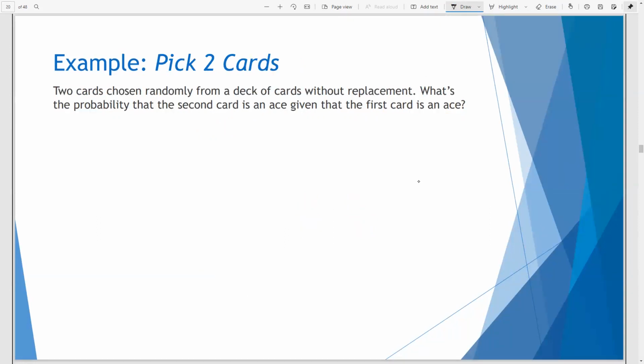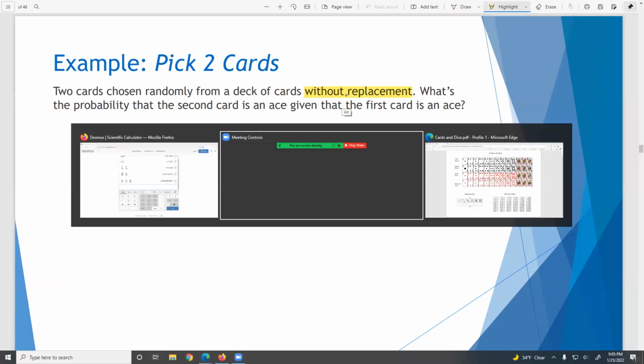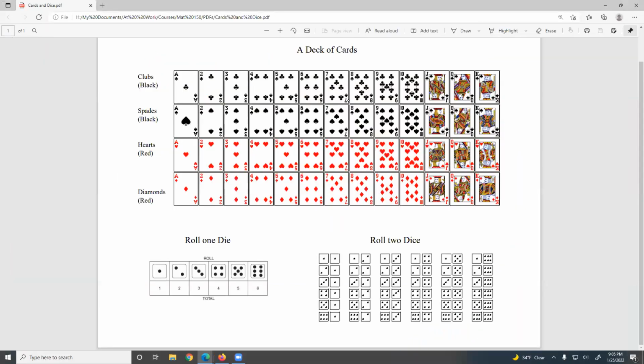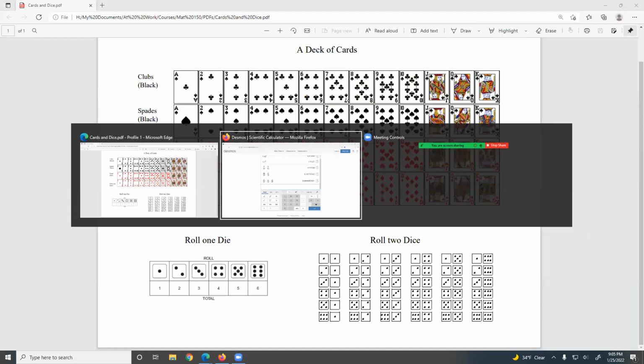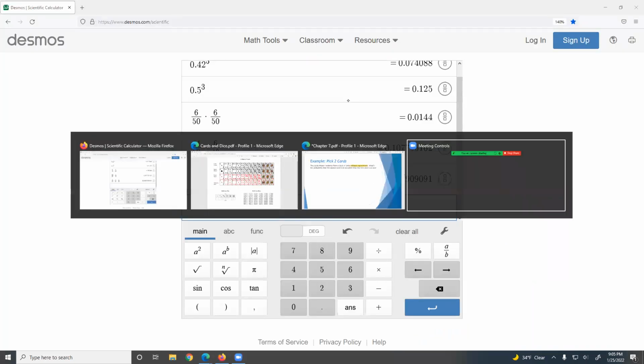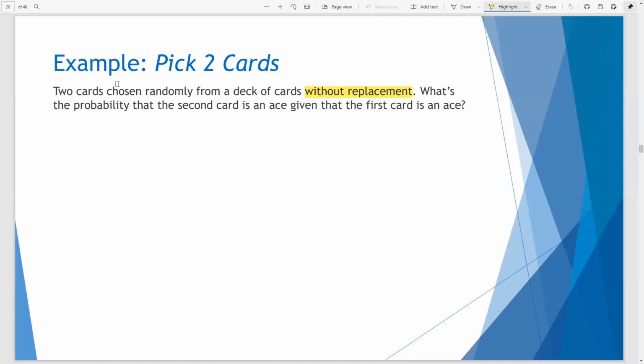The cards. You can try to pause the video to see how the deck of cards is actually working. Two cards chosen randomly.